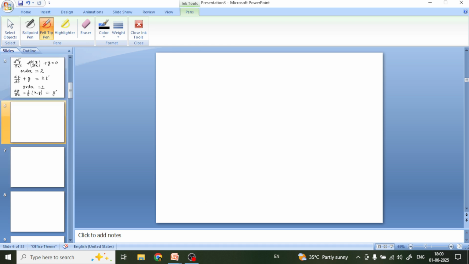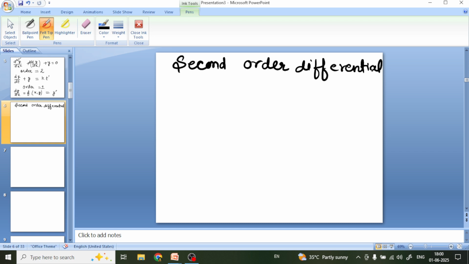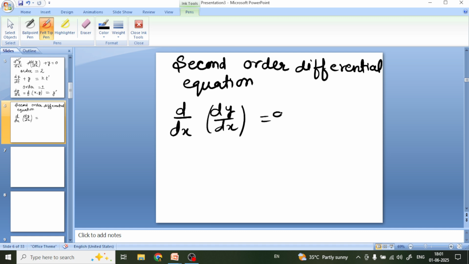And in a second order differential equation, it will be represented as d over dx of the derivative dy over dx, that is equal to d square y over dx square, and it will be represented by f dash dash of x, and y is equal to y dash dash.